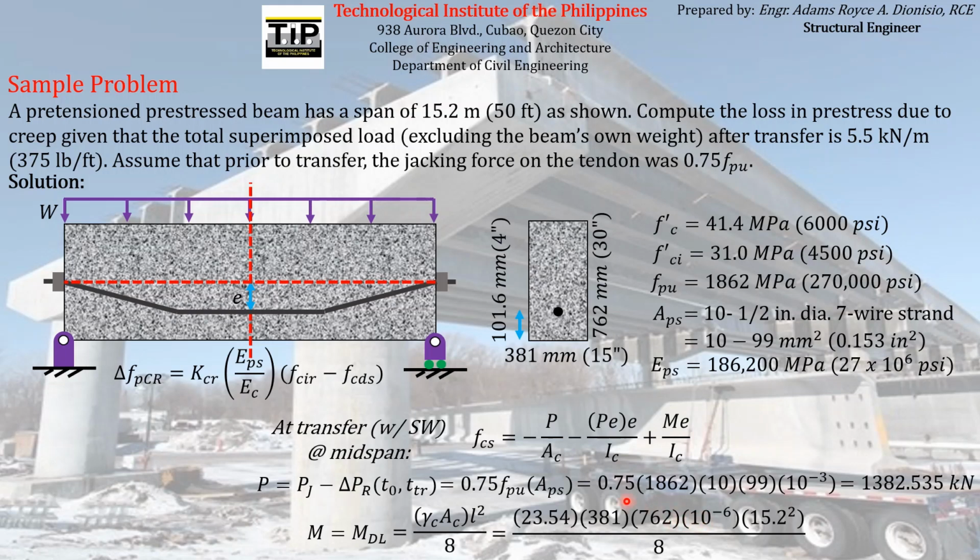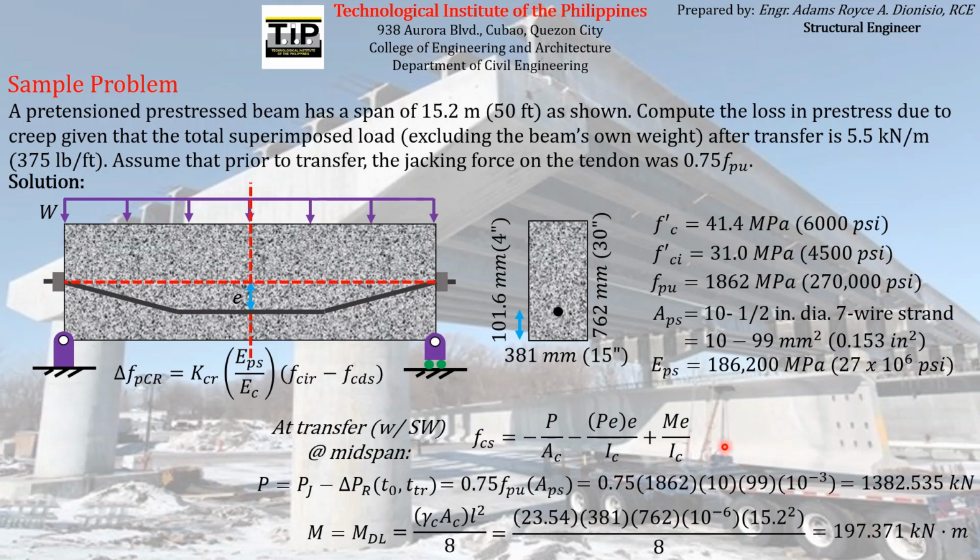So we must divide this by 1000 as well as this, so a total of 10 to the negative 6. And then L is 15.2 given in the problem, squared, all over 8. Computing this fraction, we can calculate the magnitude of the moment due to the self-weight or dead load itself, which is equal to this.